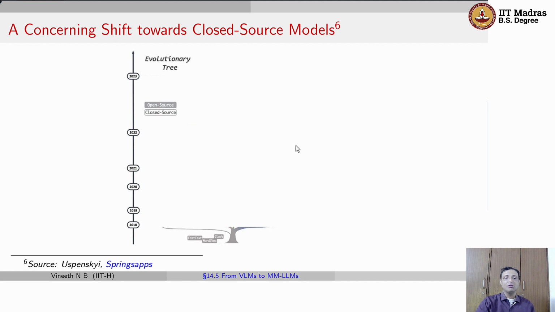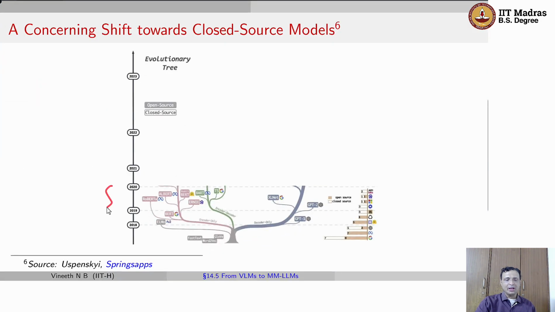these foundation models have evolved over the last few years, these shaded boxes are open source models, while the non-shaded boxes are closed source models. Initially, from 2018 to 2020, pretty much all models were open source, as you can see, across different branches of this tree of models.